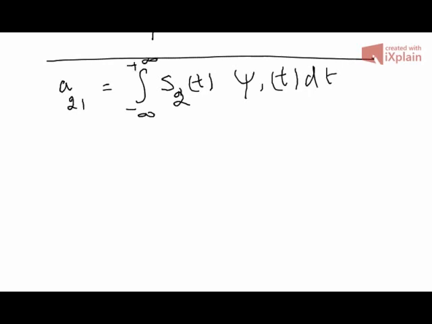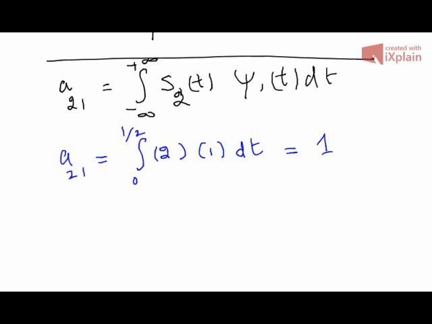So if you try this example, your signal exists only from 0 to half, and if you observe your S2, it is 2 from 0 to half. Psi1 is unity in that time duration, and when you solve this integral, you will get 1. So your a21 is also 1.